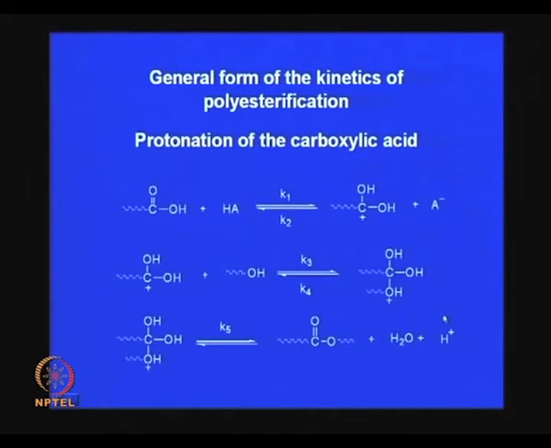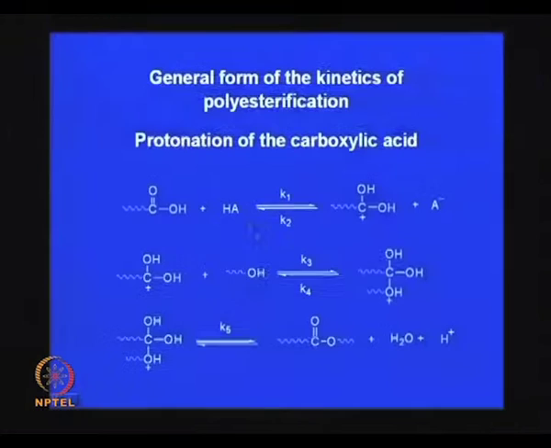And releasing back the proton. Since this proton acted here as a catalyst, you know the basic concept of catalyst: the function of a catalyst is that it is not consumed during the process, but it helps the process by lowering the activation energy.